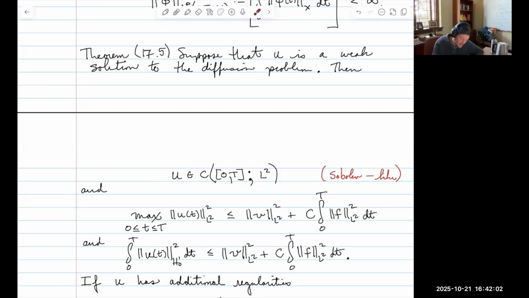What that means is I can think about U as a map from 0t into L2, and this mapping is continuous. Well, what do I mean by continuous?